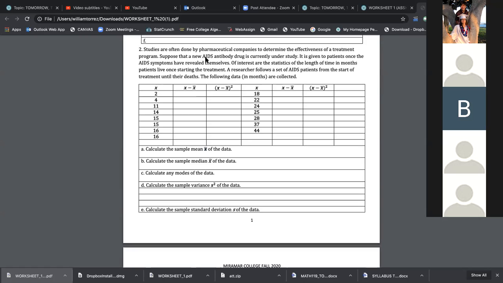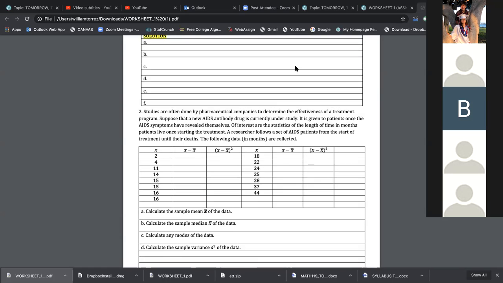I don't believe it was ever discovered, okay? But certainly AIDS is not the threat that it was in the early 80s. So a lot of progress has been made in treating this illness. And of interest are the statistics of the length of time in months patients live once starting the treatment.